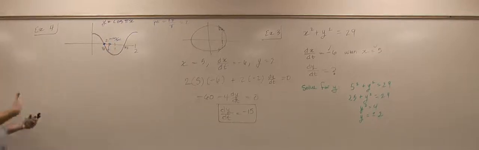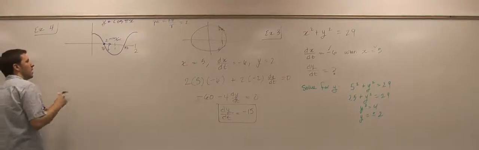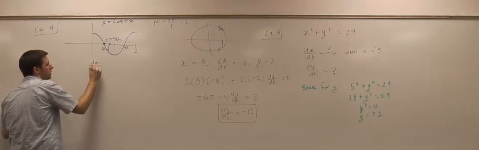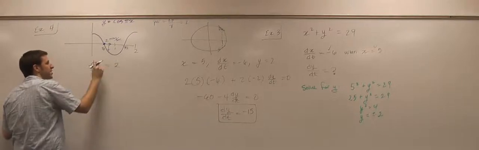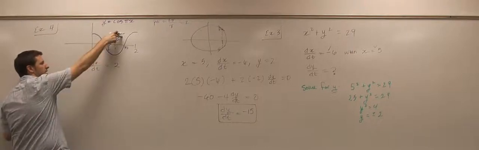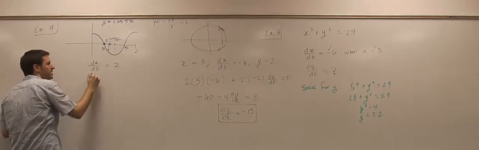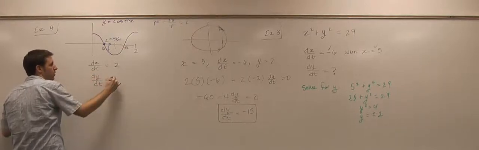So let me label what I know in terms of math, okay? I know that dx/dt is equal to what? 2. The rate at which x is increasing, right? dx/dt is a rate. The rate at which x is increasing is 2 inches per second. dy/dt, I don't know.